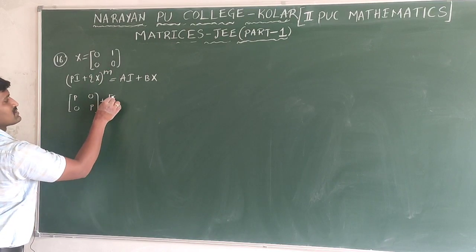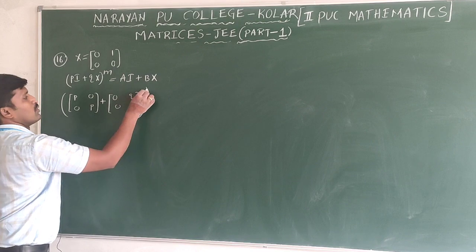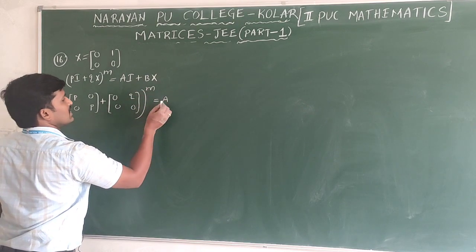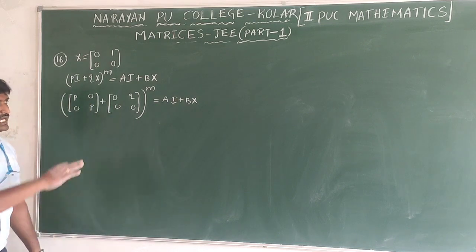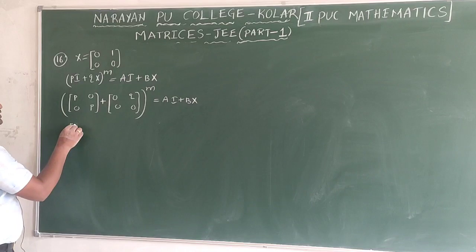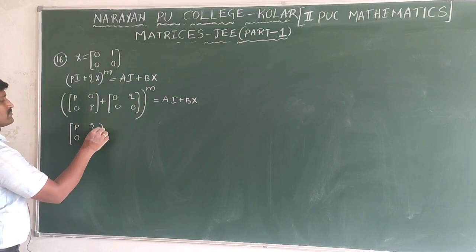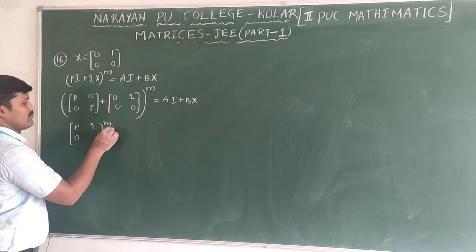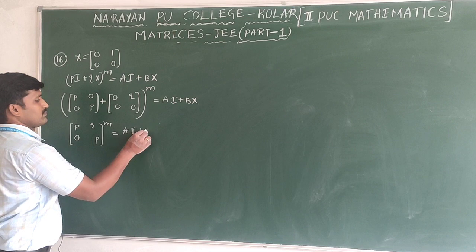That's why 0, Q, 0, 0. Whole power m equal to A I plus B X. Later we'll multiply that. By adding this one, what will you get? P plus 0, P, Q, 0, P. Whole power m equal to A I plus B X.